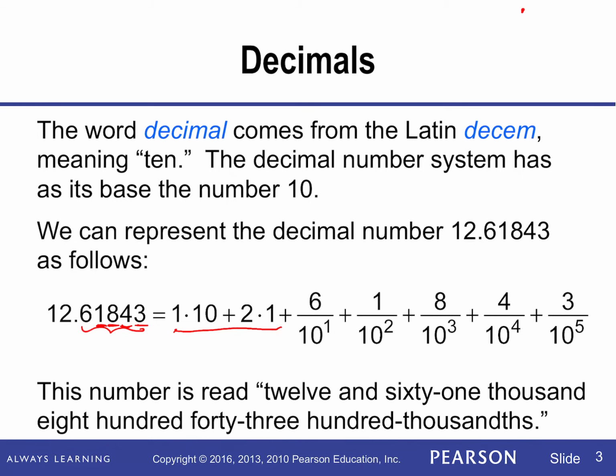We would read this number as 12 and 61,843 hundred thousandths. So this is why we were reserving the word "and" for when we hit decimals, okay? That hundred thousandths comes from the fact that we're at 10 to the fifth.